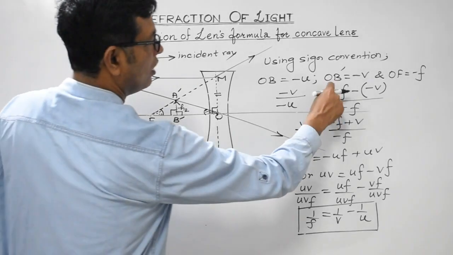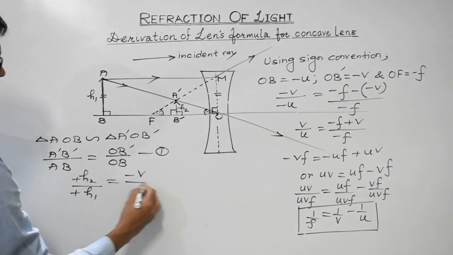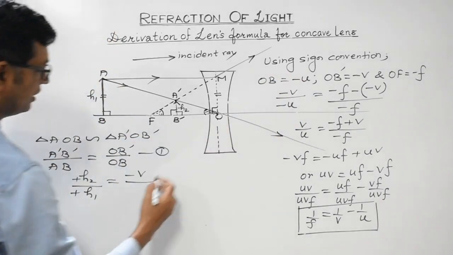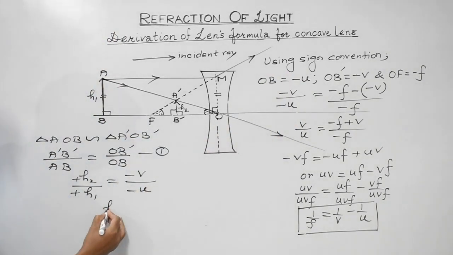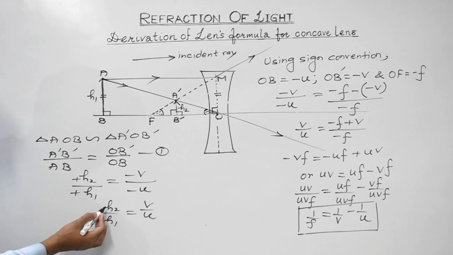OB dash is minus V. OB is minus U. So what do you get? H2 by H1 is equal to V by U. And students, you are aware, the ratio of the size of the image to the size of the object is known as linear magnification.